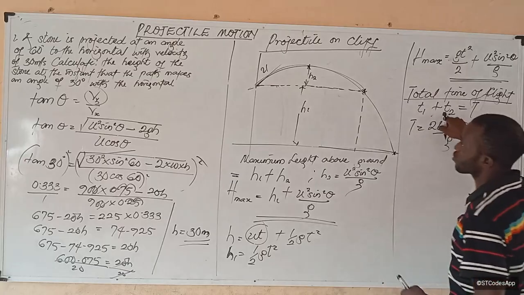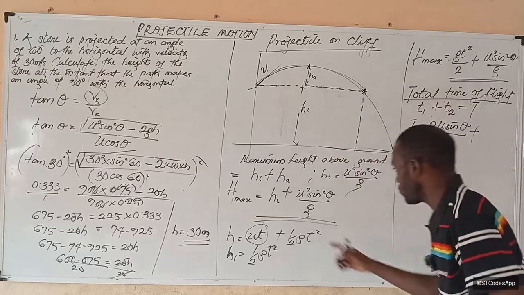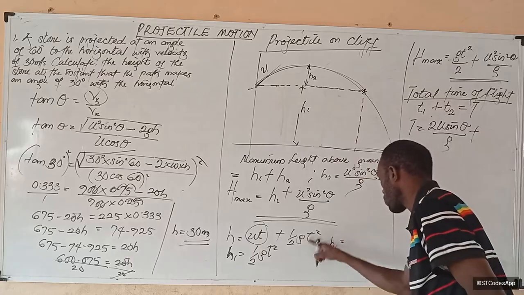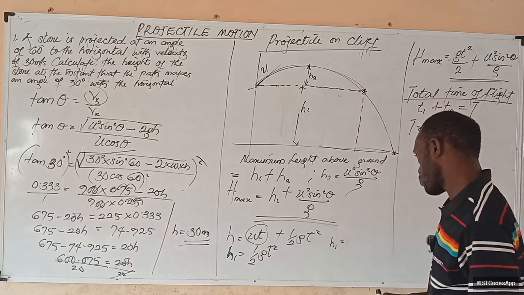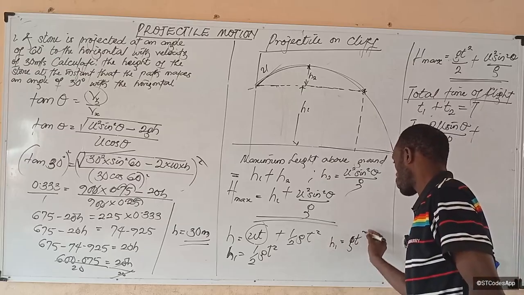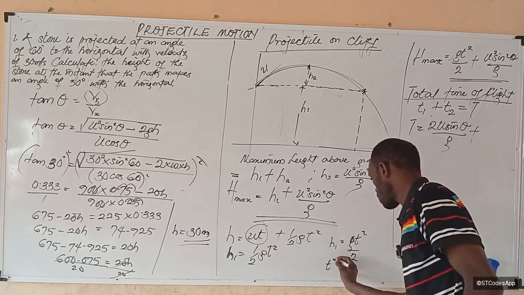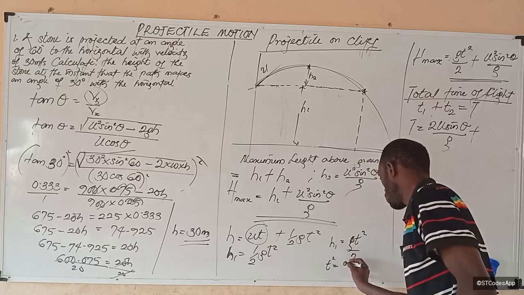Plus T2. What's T2? Time taken to go from here to here. You can easily generate that here. You know that H1, which is the height of the mountain, gave us one-half g t squared, right? By the time you cross multiply, you have t squared equal to 2h over g.